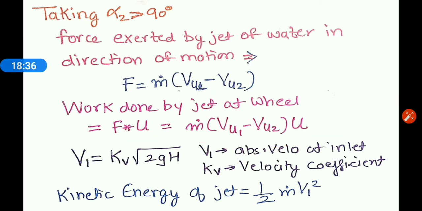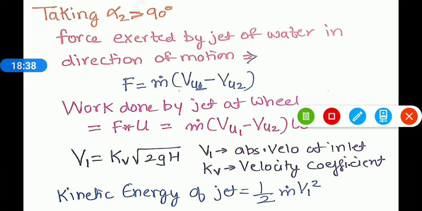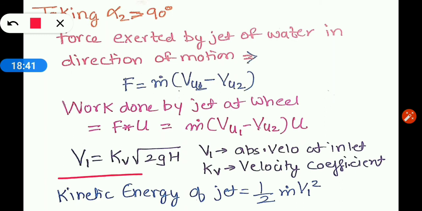Now one more thing here, it is written V1 is equal to Kv into root 2gh. What is V1? V1 is the actual absolute velocity with which the water enters the blade when it comes out of the nozzle and goes towards the blade. No doubt, the velocity with which it enters is VR1, but this is the absolute velocity.